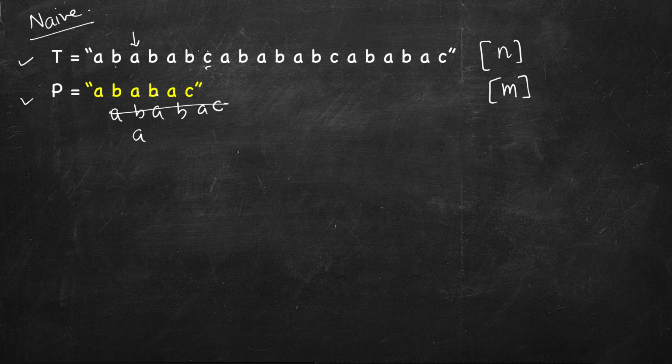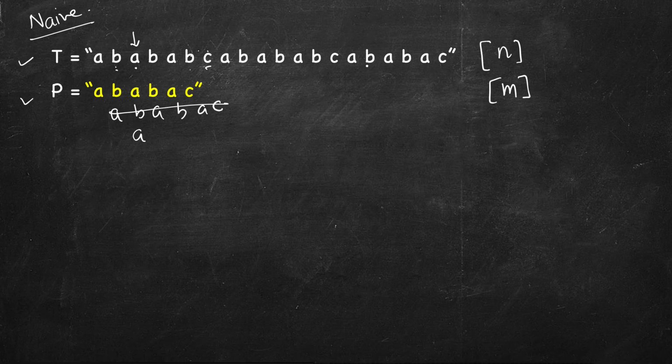So again, all of these efforts are going in vain. You saw that the first time we matched till here, and then we found a mismatch here. And again we are starting from here, again matching a few characters, and then in the end we are finding a mismatch.